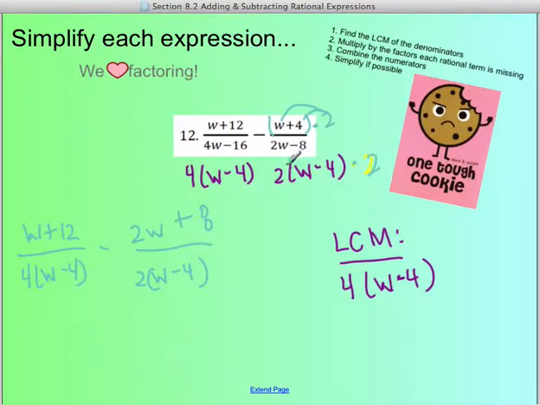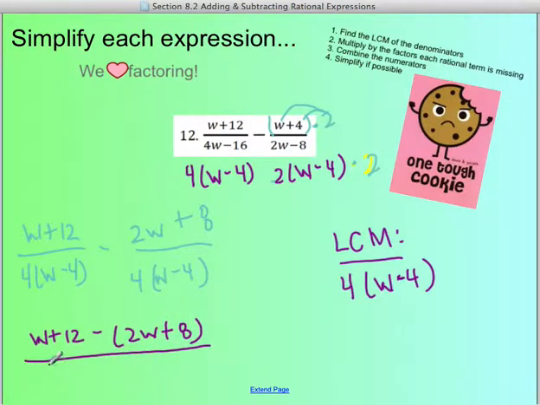And now I would have 2 times 2, so this would be 4 now. Now that I have a common denominator, I can go ahead and put my numerators together. So I would have w plus 12 minus, now here's where we need to be careful, it's really w plus 8, all over 4 times w minus 4.